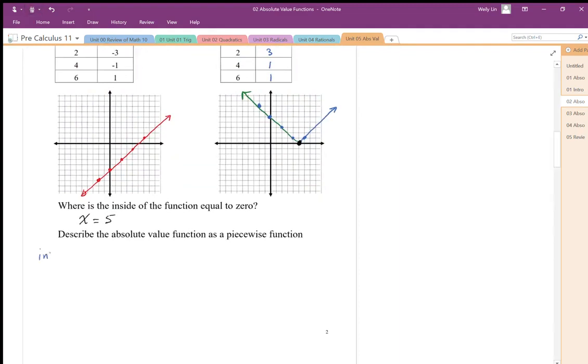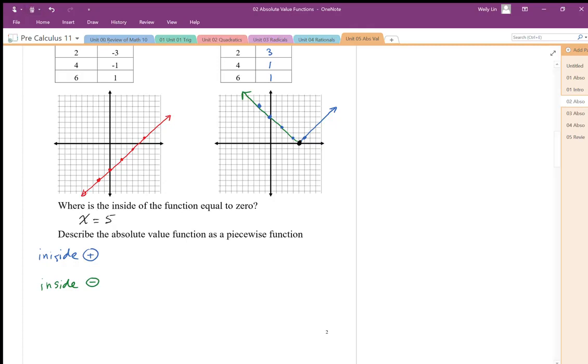So inside equals positive. And we need to know when the domain is negative. So inside equals negative. And again, our boundary, remember, boundary is going to be based on x equals 5.